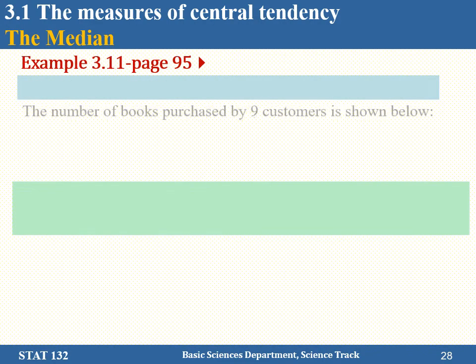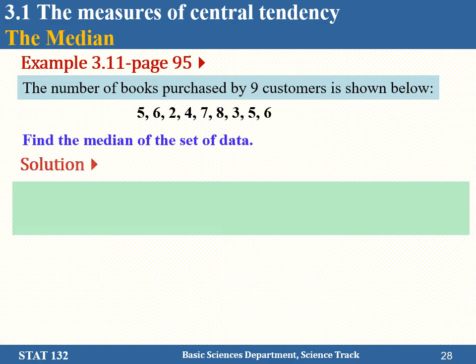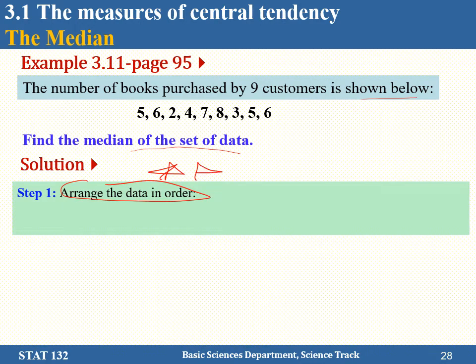Now look here. The number of books purchased by 9 customers is shown below, and we need to find the median of this set of data. The very important first thing is to arrange the data. After you arrange the data, you get 2, 3, 4, 4, 5, 6, 6, 7, 8.